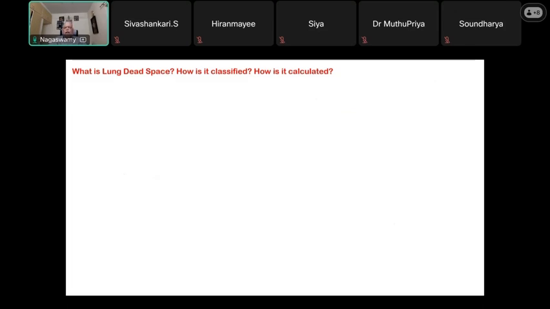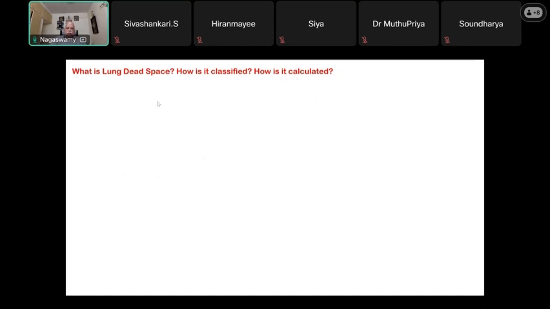So the anatomical dead space plus the alveolar dead space is ideally called physiological dead space. It is not only the anatomical dead space where gases just travel to and fro, but also the alveoli which are ventilated but not perfused. Both of them combined together is called physiological dead space.